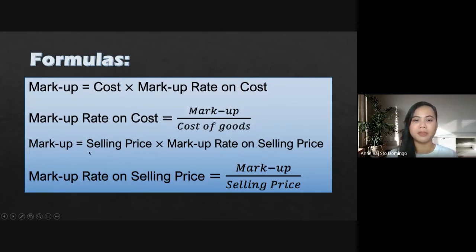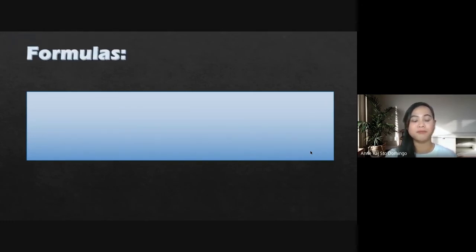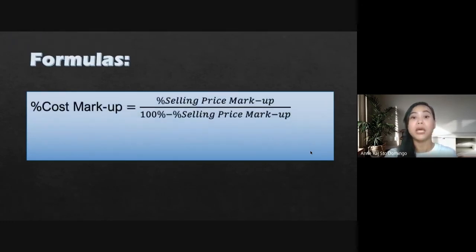And when the selling price is given, how do we get the markup? You just multiply it by the markup rate on selling price. Don't get confused, because we have two kinds of rate: for the cost of goods and for the selling price. And what if we are looking for the mark-on rate based on cost, but what is given is the mark-on rate based on selling price? We have the formulas for equivalent percentage.